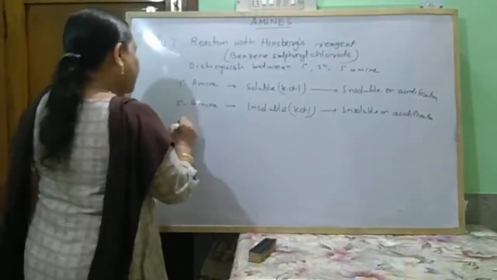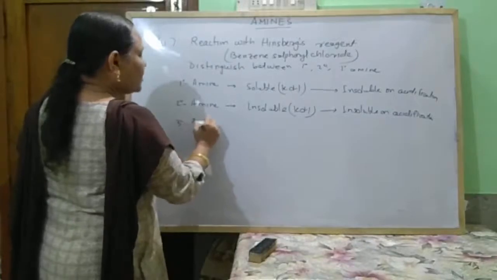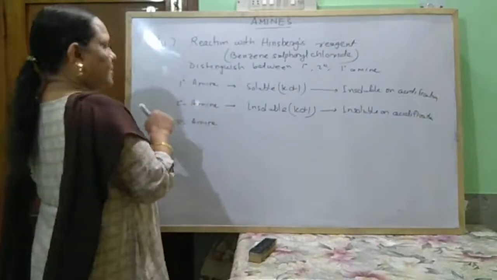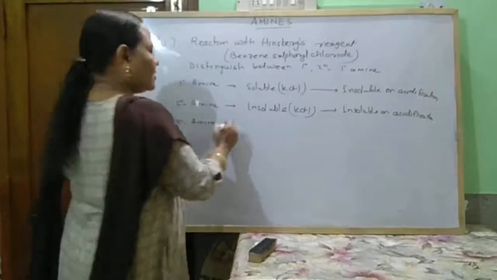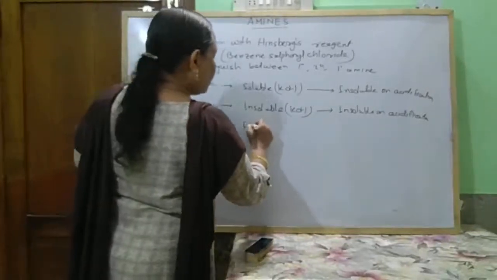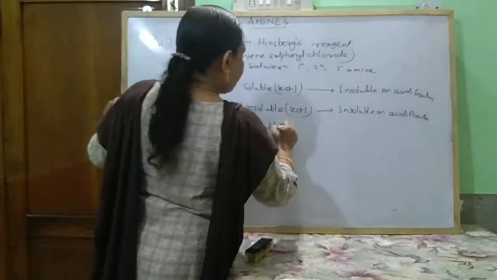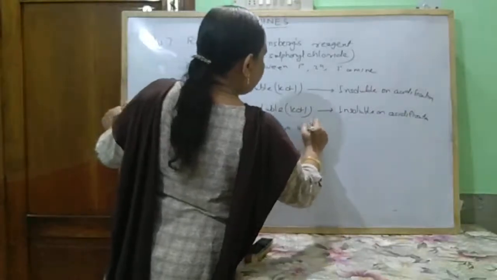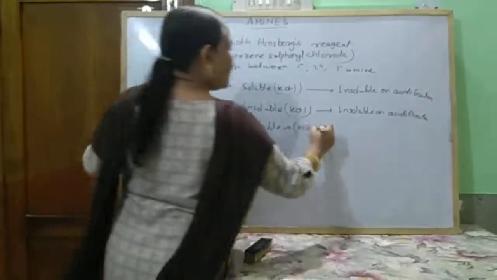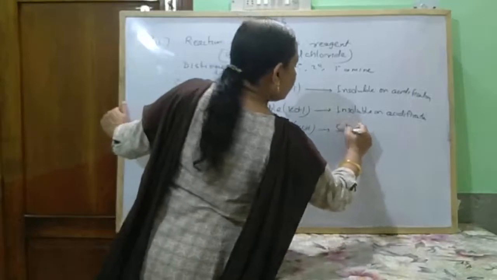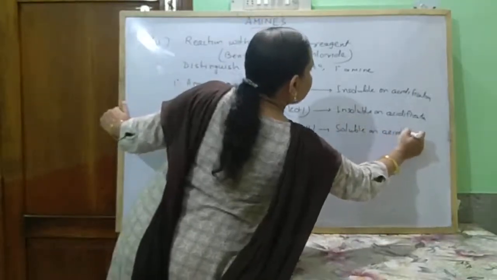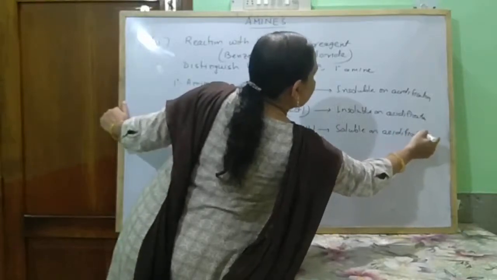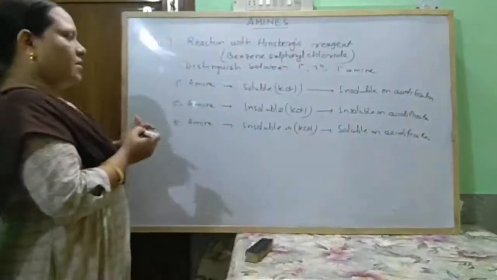And tertiary amine does not react with Hinsberg reagent. Tertiary amines do not react with Hinsberg reagent, hence remain insoluble in potassium hydroxide but soluble on acidification, due to formation of salt.